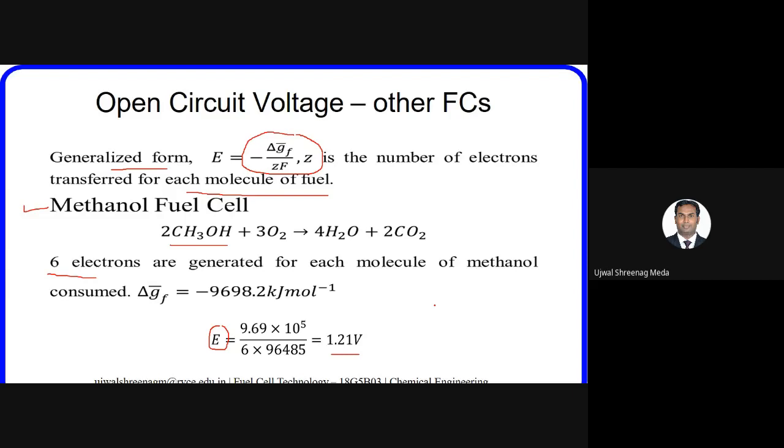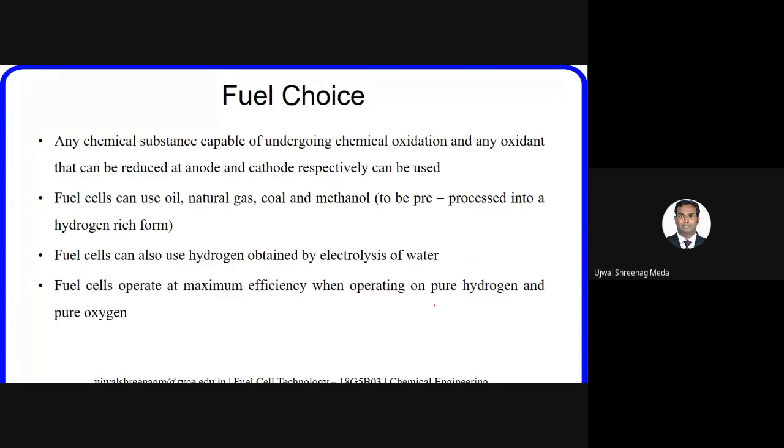The circuit is open. The circuit is not complete because the load is not connected. So if you measure the difference in potential between the two electrodes, whatever difference in potential you get is nothing but the open circuit voltage.